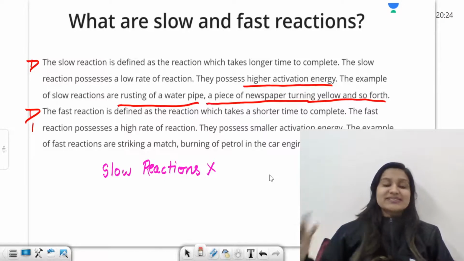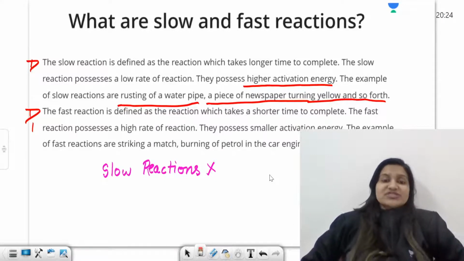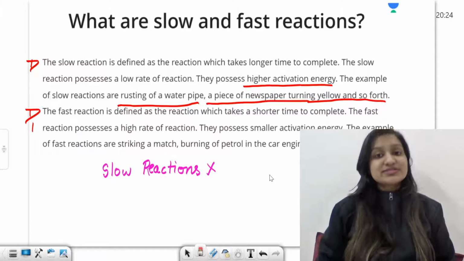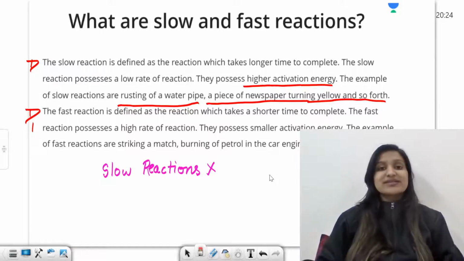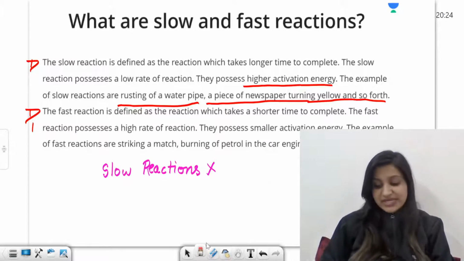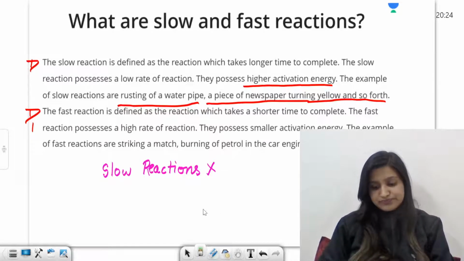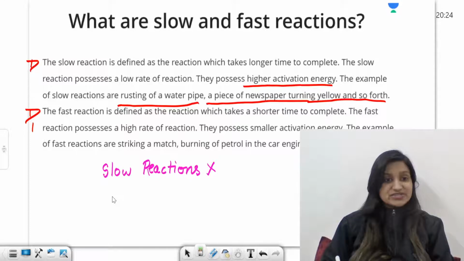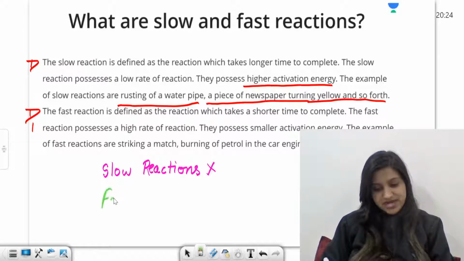So these are the examples of slow reactions and fast reactions, and I have made you understand what slow and fast reactions are, right?